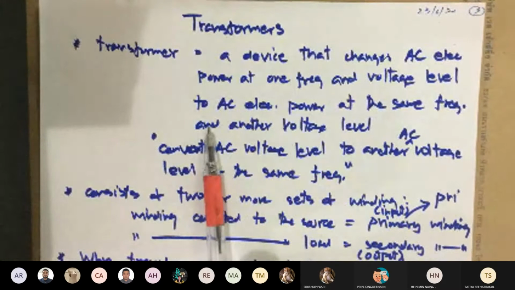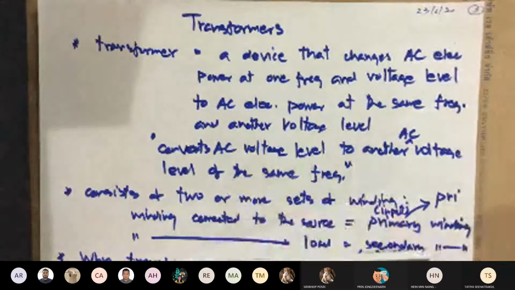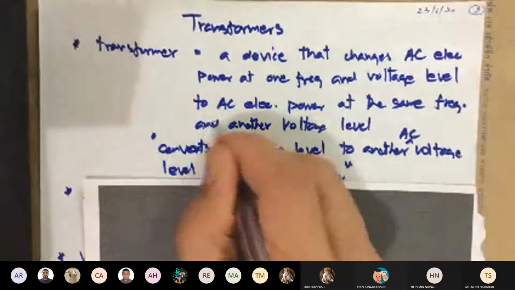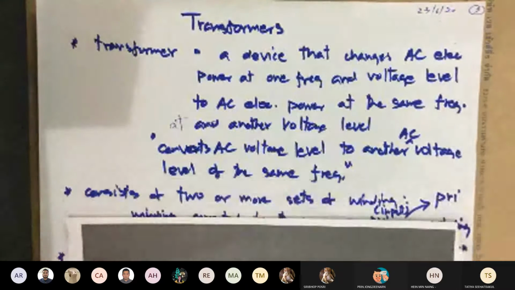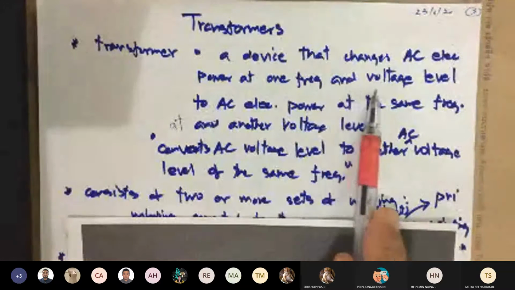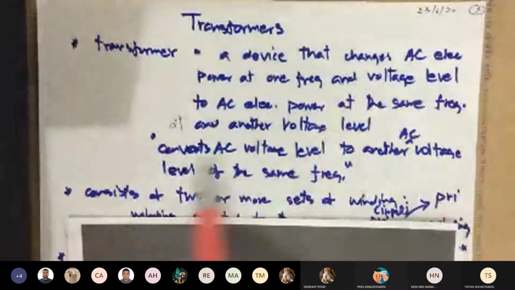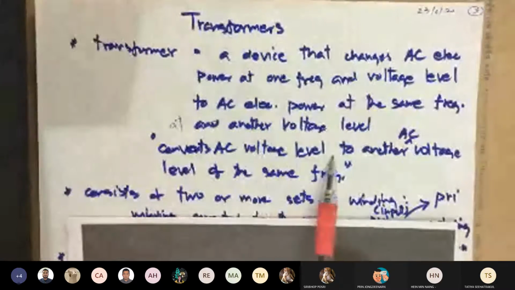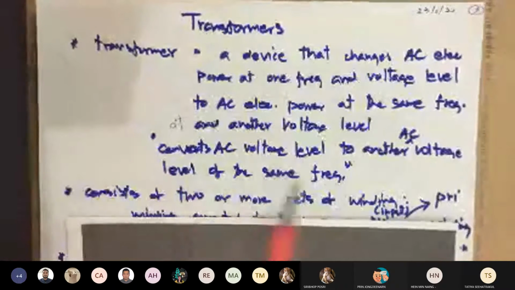There's a typo, it should be another voltage level. So basically, you're changing AC electrical power from one voltage level to another, both at the same frequency. That's kind of like in a nutshell.